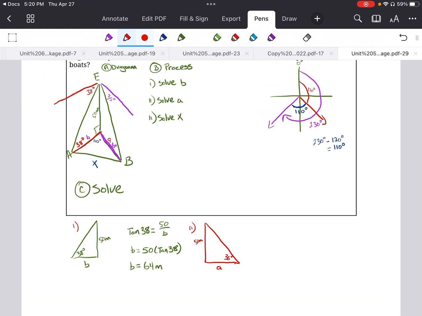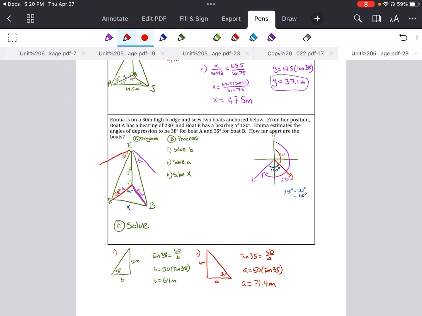Same thing, tan 35 equals 50 over a. It's 71.4. Okay, and then we can solve for x.